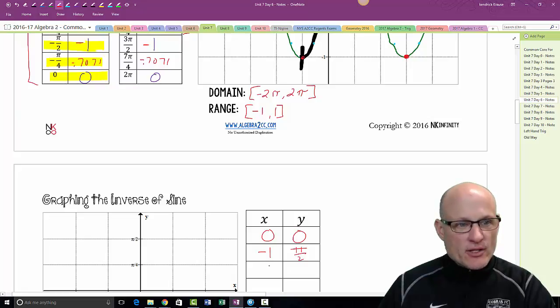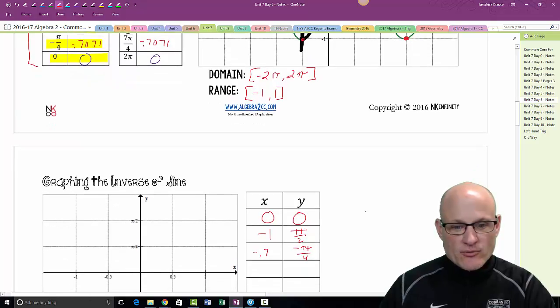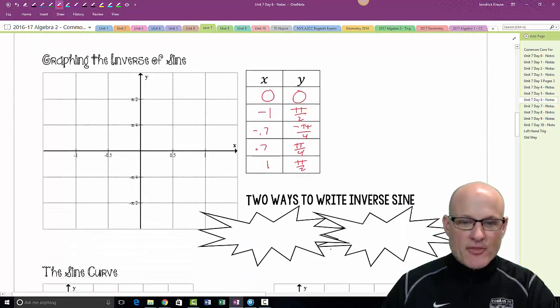And then what's the other one? Oh, pi/4. So I got -0.7. We'll just do -0.7 and -pi/4. And then pi/4. So how about 0.7 and pi/4? All I'm doing is switching these. And +1 and pi/2. So let me graph those points.